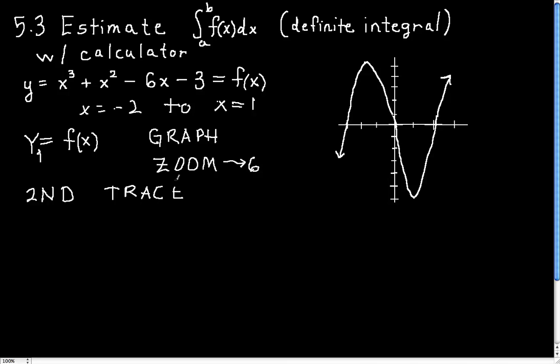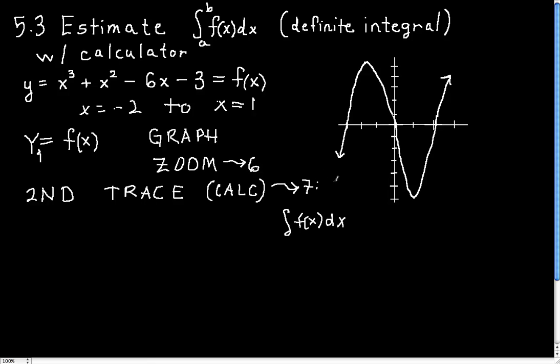By pushing the second key and trace, you're saying calc, which stands for calculate. If we do that, you can go down to option 7, and it has a little symbol that says exactly what we want. It says integral of f of x dx. That's what option 7 is.